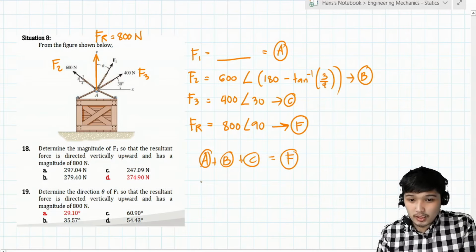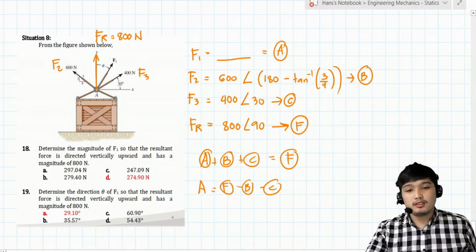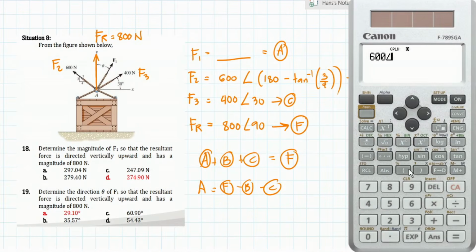So, we can now solve for A, that is F minus B minus C. Okay, let's input that in our calculator. So, F minus B minus C, I hope I pressed it correctly. This one now corresponds to the value of F1, which is in A.